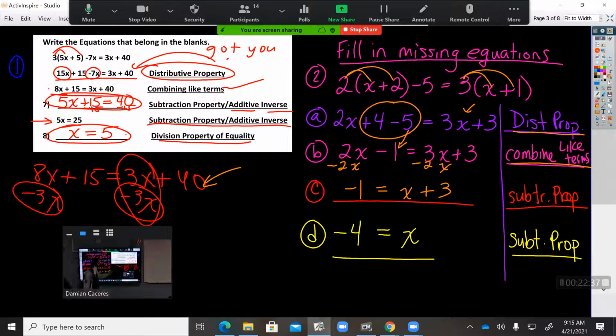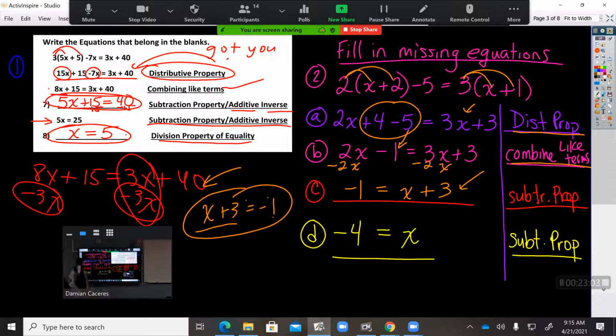Now, some of you wrote this as x plus 3 equals negative 1. Is that the same thing? Let's check. Positive x, positive 3 equals a negative 1. As long as you move it around without changing the values, then your equation's the same. So I don't care if you wrote it like this or the way I wrote it.